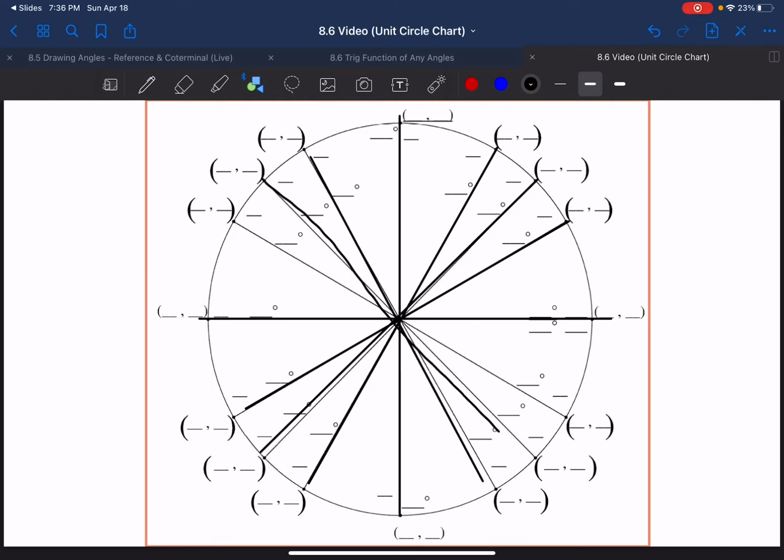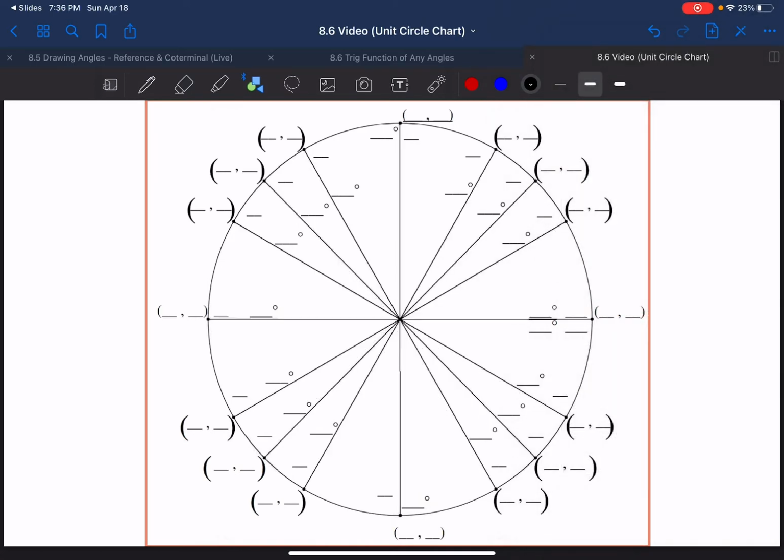So in total, 1, 2, 3, 4, 5, 6, 7, 8 on the top, and another 8 on the bottom. I think it's really easy to print, but I do not have a printer at home, so if you don't have a printer, just make sure you copy it on your notebook.